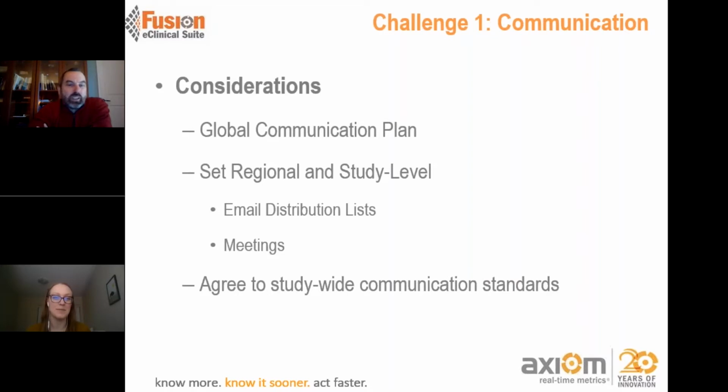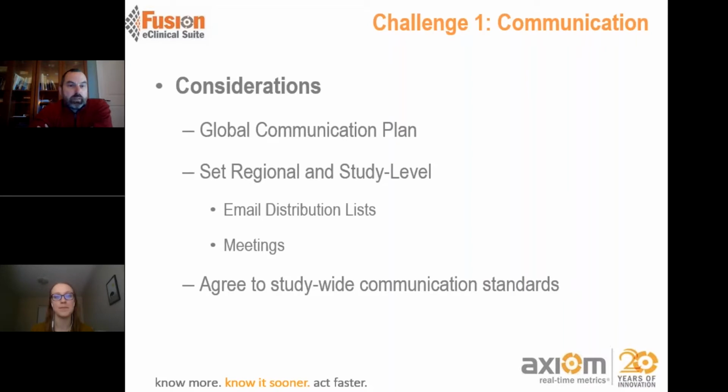Sure. So communication is obviously the hub of a successful trial. Information is only as good as who knows it. And so when you're thinking about communication in a global sense, it's really important to start with a good global communication plan. It takes into consideration all of those things we previously talked about.